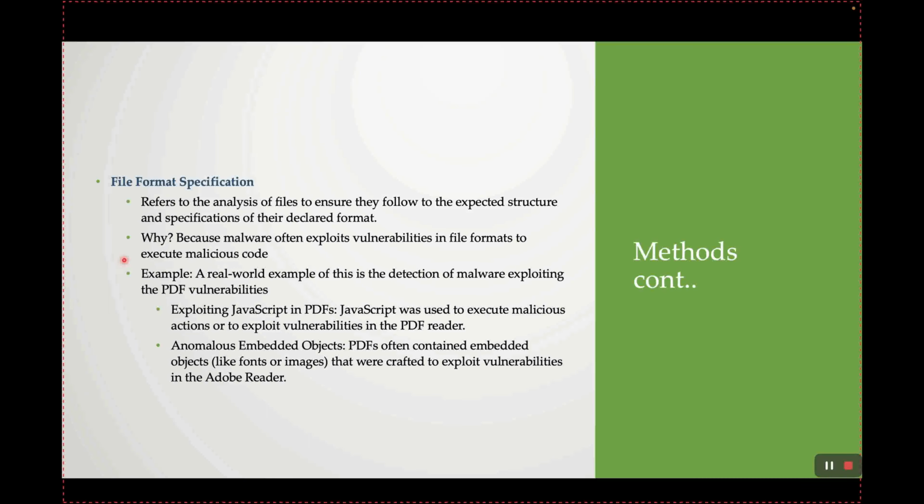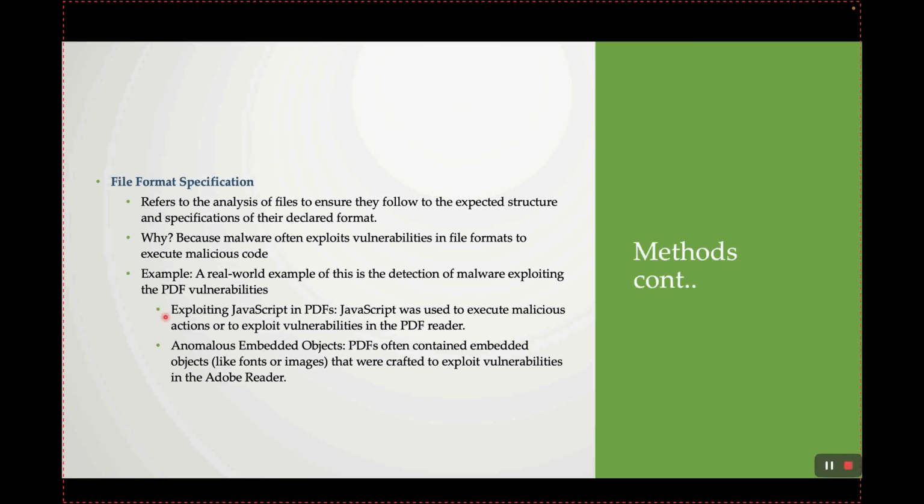You can find a lot of examples online. A well-known example is the PDF vulnerability exploitation, for example, exploiting JavaScript in the PDF. JavaScript was used to execute malicious actions or to exploit vulnerabilities in the PDF reader in this case.